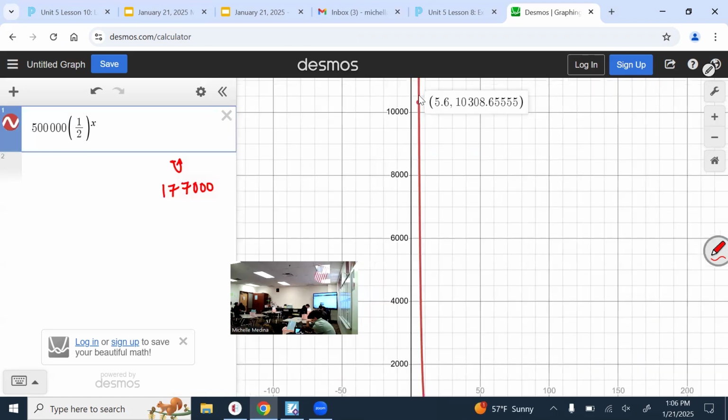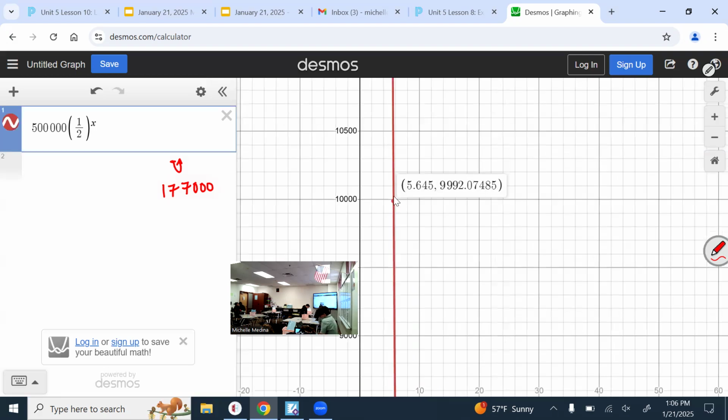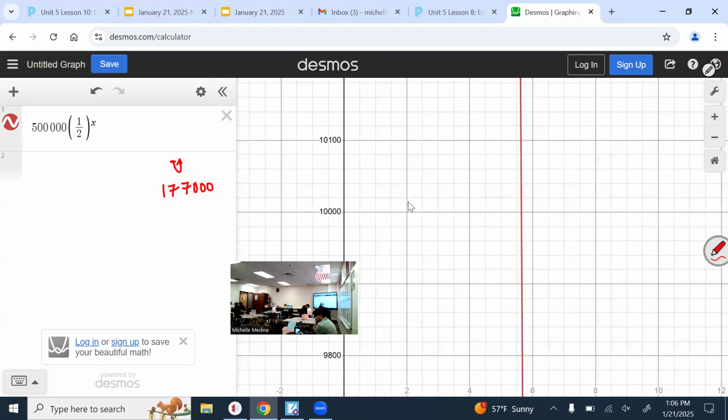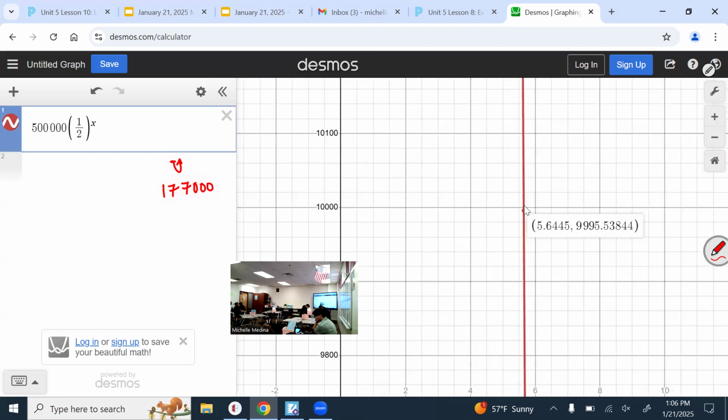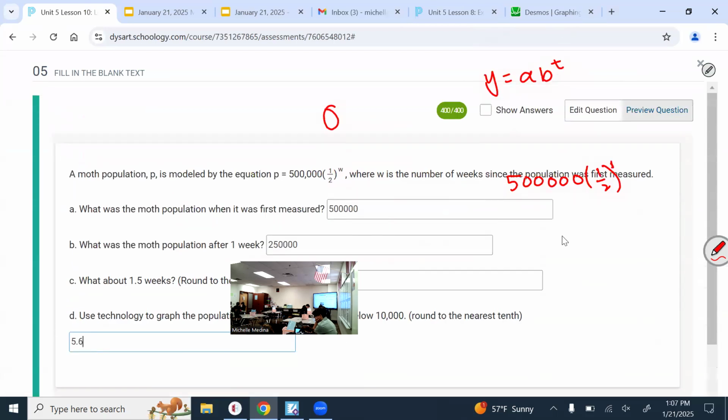All right, so I'm clicking and dragging on my line. Let me see if I can zoom in further, because it wants you rounding to the nearest tenth. So let's see. 5.6 it looks like. That's as close as I can get. Let's see if that's the answer. And yep, that's it.